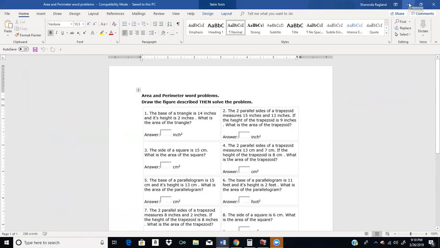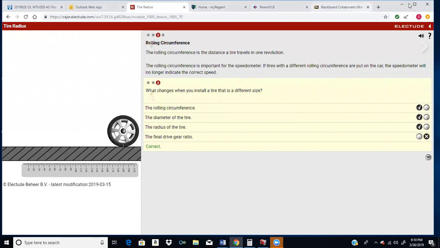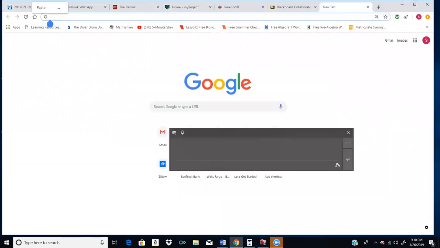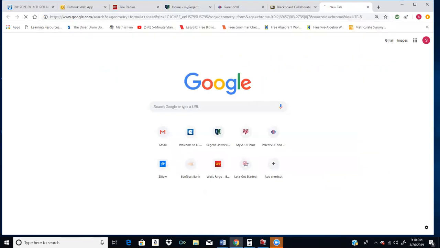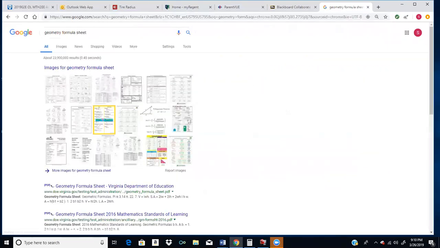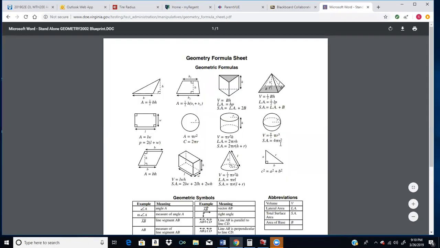Also, you can look up a geometry formula sheet, and it will give you the different formulas to find the area.